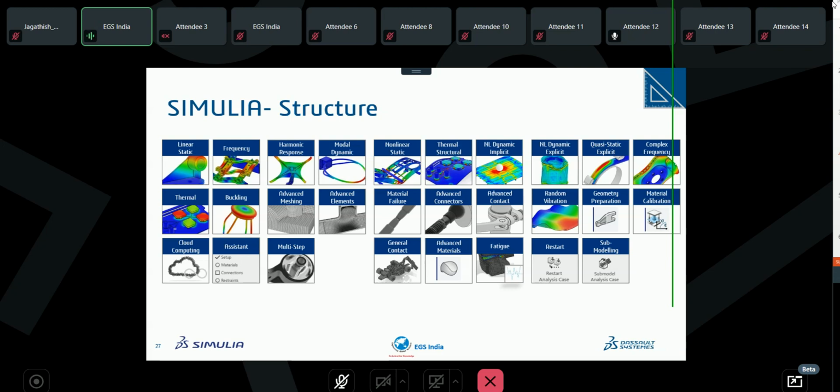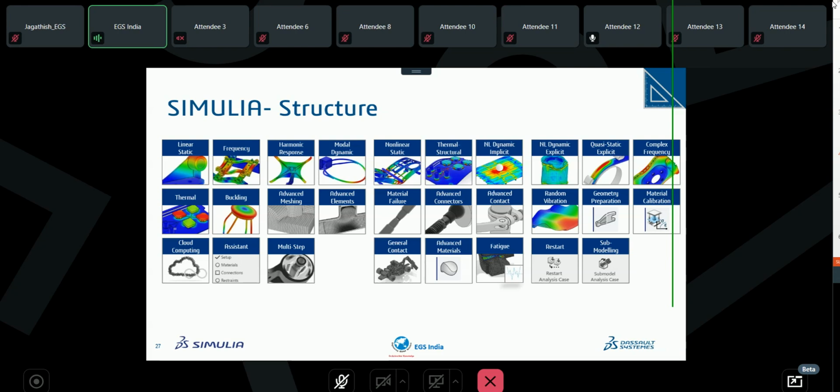So all this will be in a single problem. For this explicit analysis, we can say explicit can be conducted in a fraction of seconds. For these dynamic explicit problems, we can put an example called crash analysis.